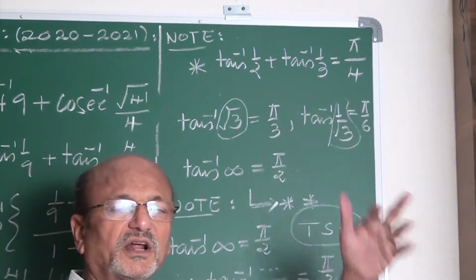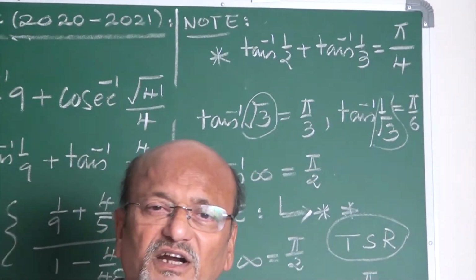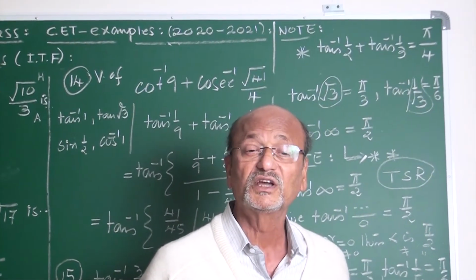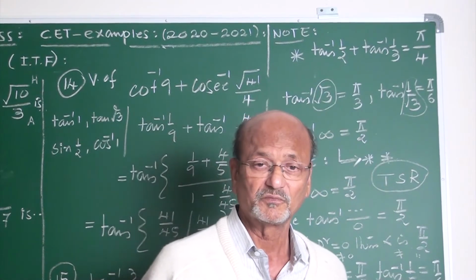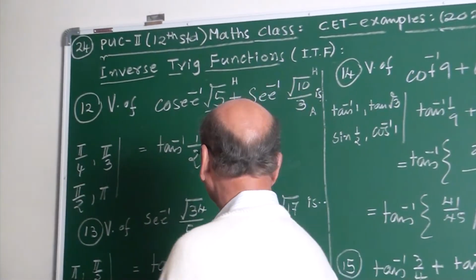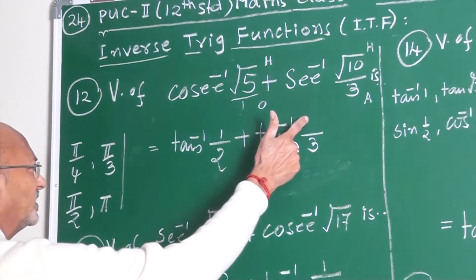Pi by 4. You have to write it. I told in the beginning itself, while giving the method on CET, you must play which game? 20-20 match. You have to take the risk and mark. When it is 1 by 3, this is 1 by 2, this is 1 itself, pi by 4.